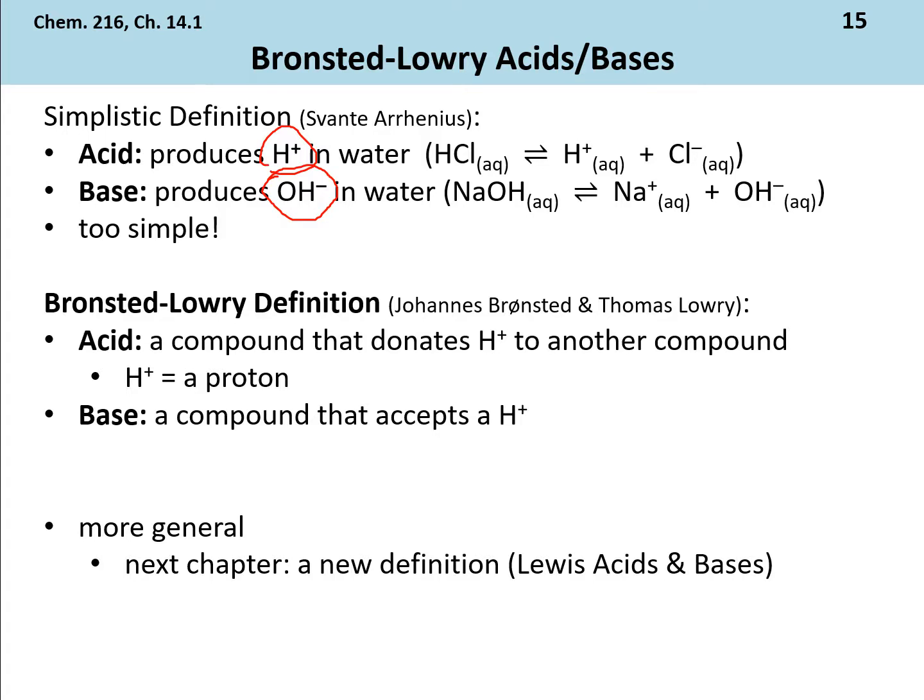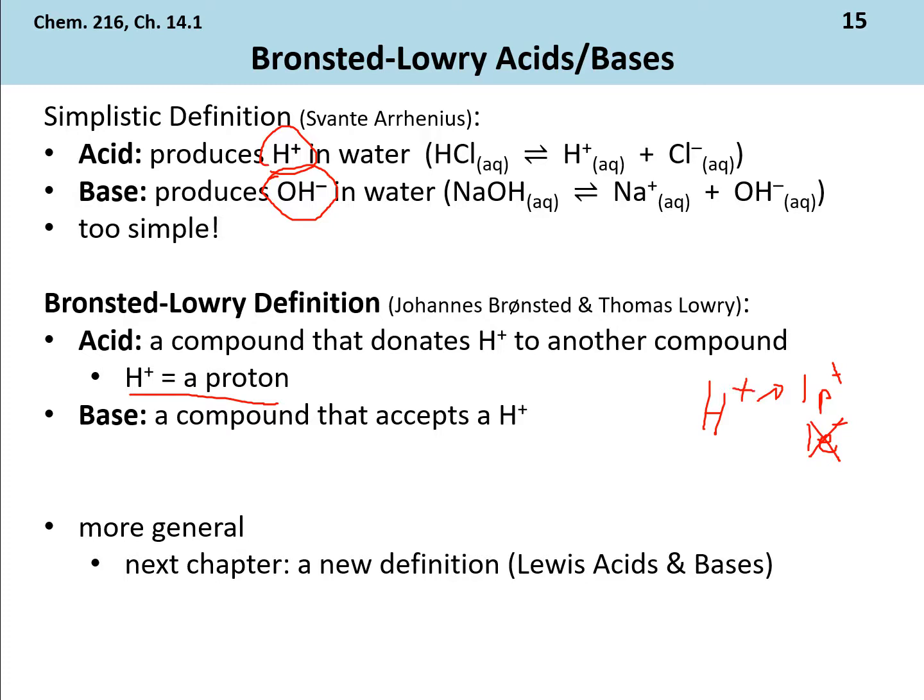Well, they said that an acid is a compound that donates H+ to another compound. By the way, H+ is a proton, because hydrogen has one proton and one electron. So if I take away the electron, I'm left with H+.